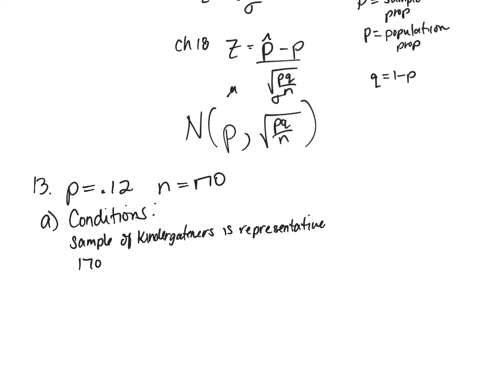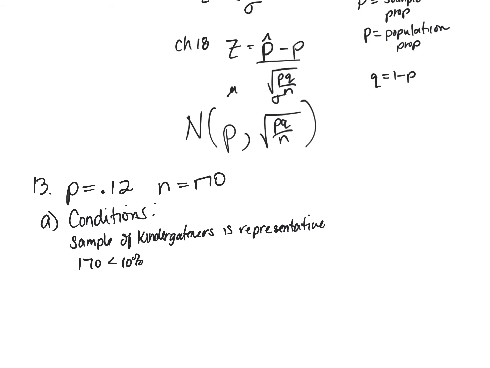That 170 is less than 10%. Now, these are all this year's kindergartners, right? So it's clearly not less than 10% of this year's kindergartners, but is it less than 10% of what they're going to have past, present, and future? Yes.